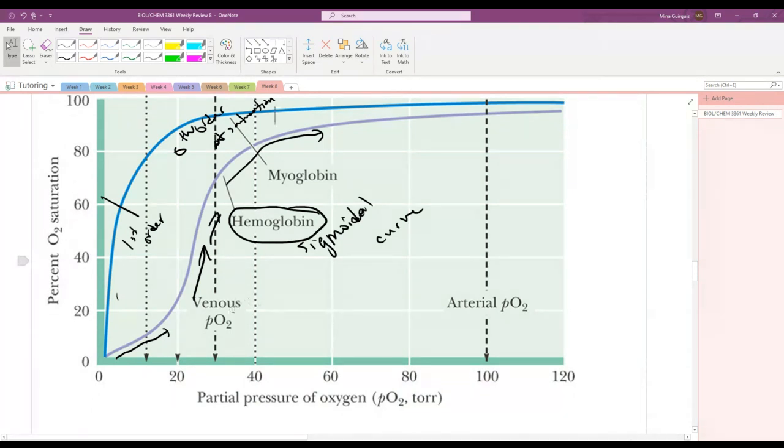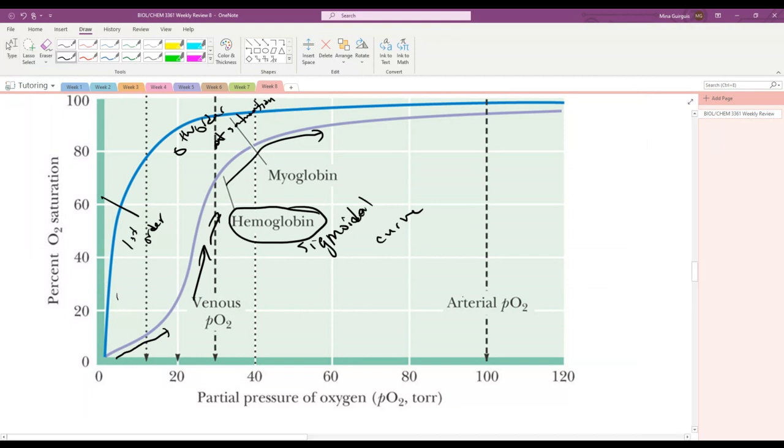In the veins, it's close to 30%, and so on. So let's talk about how that affects things. We know that blood is going to travel in our arteries to our muscle, and then empty, unbound hemoglobin, that doesn't have oxygen, is going to travel back to our lungs to get more oxygen.